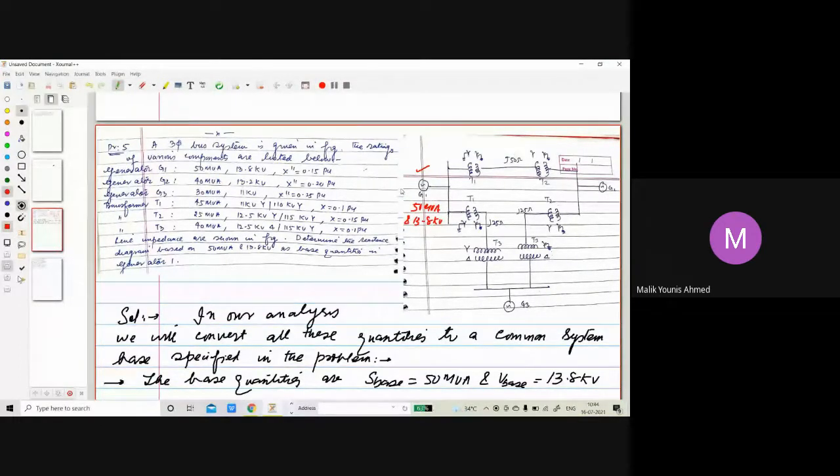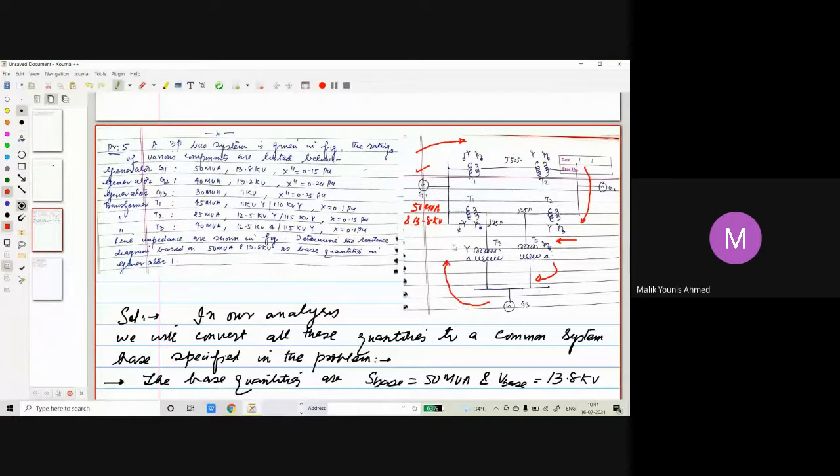Now let's first find the base kV while moving in this direction, like this, like this, and finally we'll reach here.